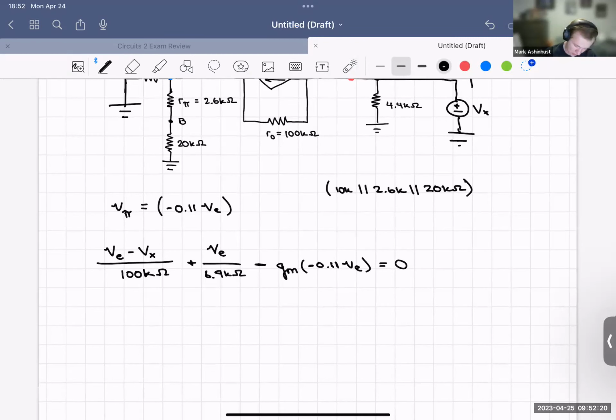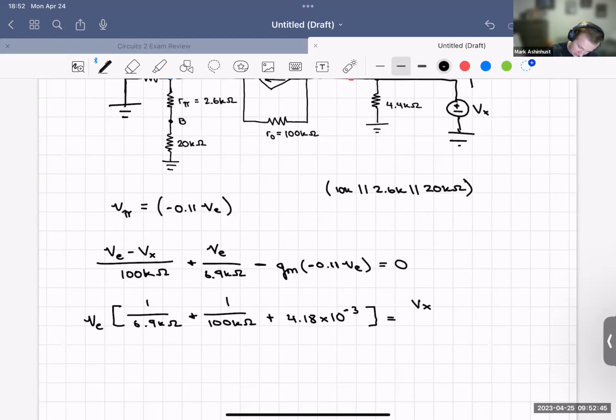So doing the algebra part of this again, we'll have VE times 1 over 6.9 kilo ohms plus 1 over 100 kilo ohms plus that gm and the 0.11. So we'll get 4.18 times 10 to the negative 3 equals Vx over 100K.